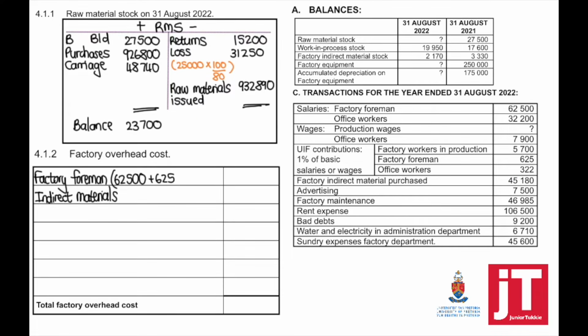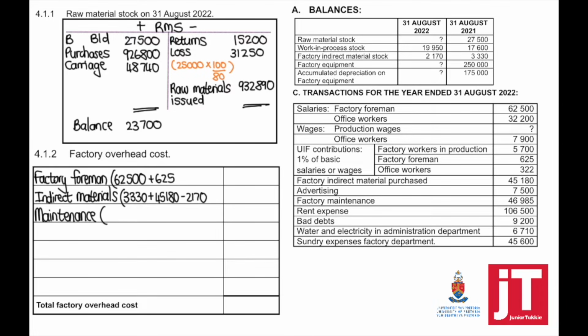Indirect materials, we start with the balance from end of last year must be added to our expense plus the factory indirect materials purchased. They're specifically talking about factory overhead, so we're going to add it. And what must be subtracted? The factory indirect material stock at the end of this year.